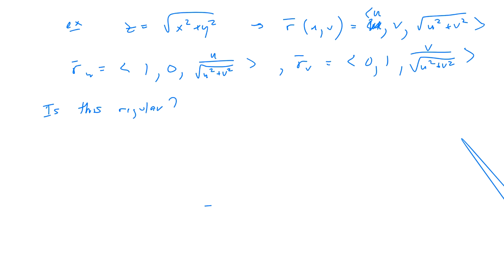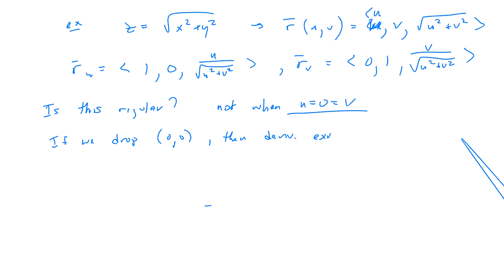Right, if I put in u equals v equals 0, then we're dividing by 0. So at (0,0) there's a problem. If we drop that off, then it is fine everywhere else.